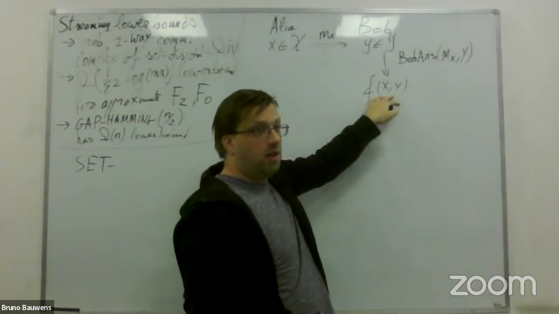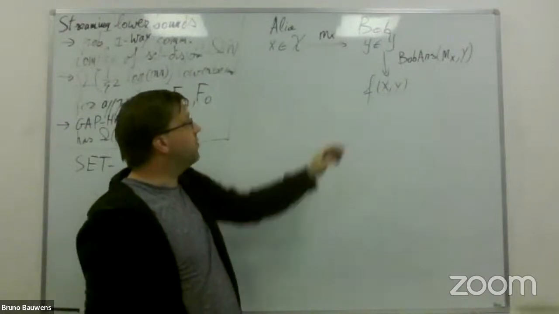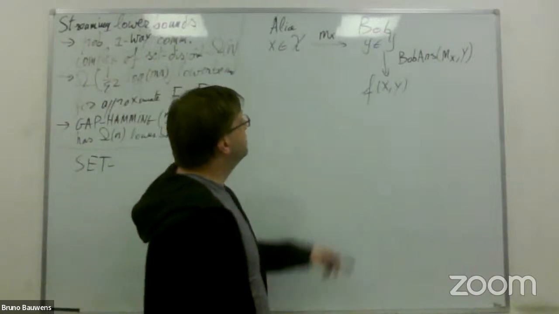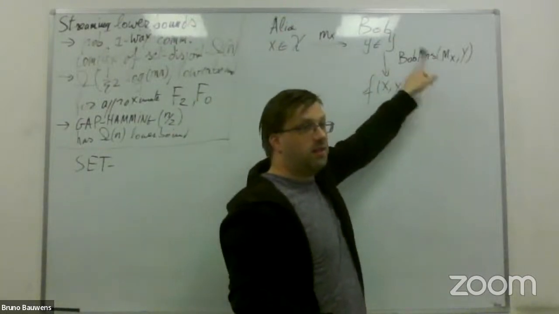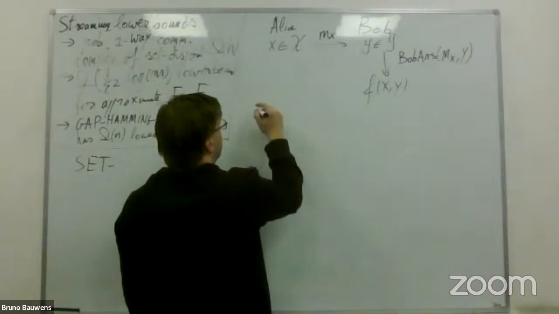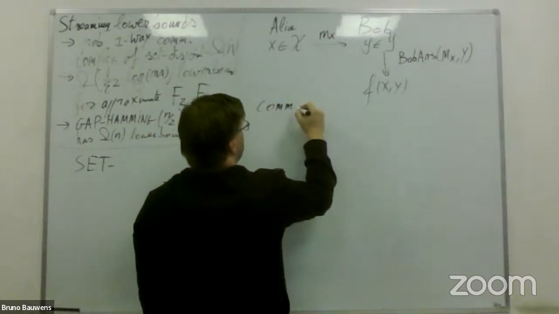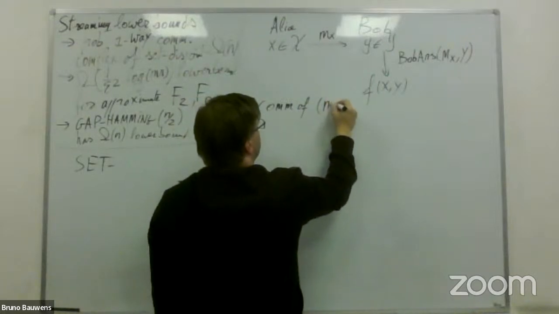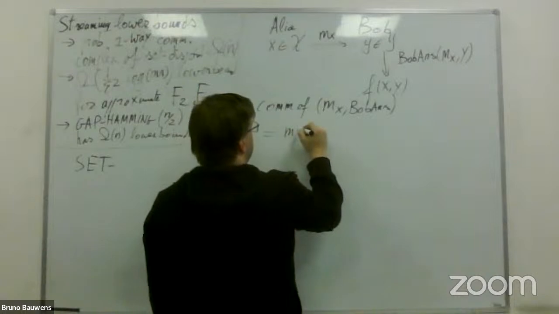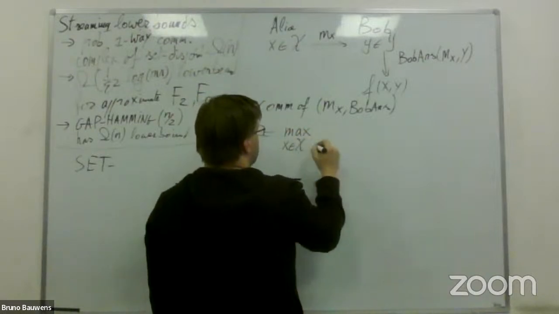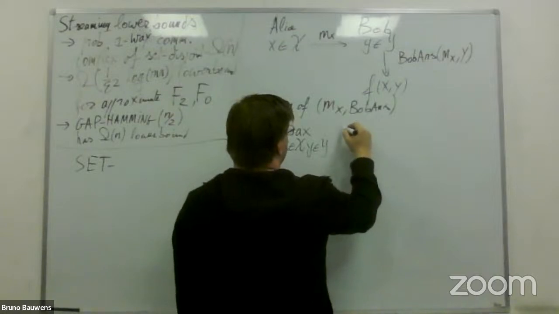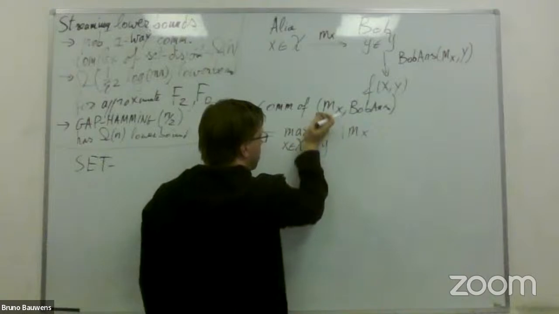So that's the task. This is for the deterministic version of one-way communication complexity. And so a protocol is defined by two functions: Alice's function for generating messages, and Bob's function for answers. And so the cost of the protocol, or the communication of the protocol, is just the maximum over all possible inputs x of the message size. y doesn't matter here.